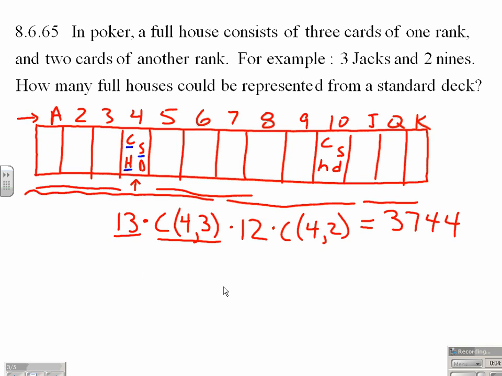Well, the number of ways we can receive a full house is 3,744, we've discovered. That's the number of full houses. But the number of possible hands, the beauty of moving into probability is the denominator in probability is just the number possible. That is almost always the easier number to find. The numerator usually takes a little bit more work.